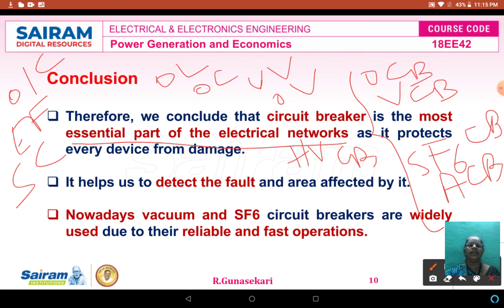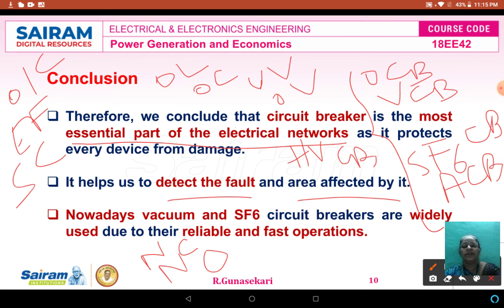During abnormal or faulty conditions, the circuit breaker protects the equipment or circuit from the power supply. It helps to detect the fault and the area affected by it. The circuit breaker is initially normally closed, and during fault conditions it becomes normally open. So the circuit breaker detects the fault.